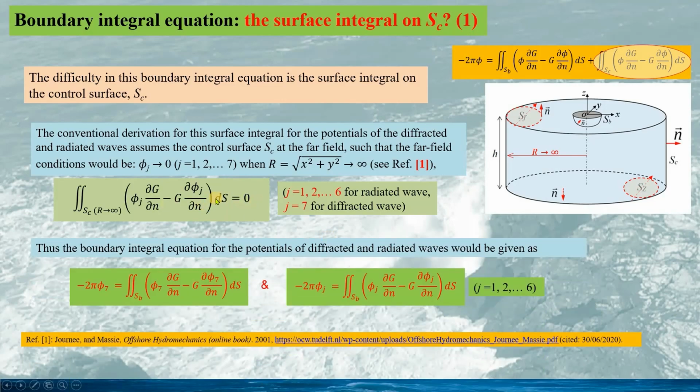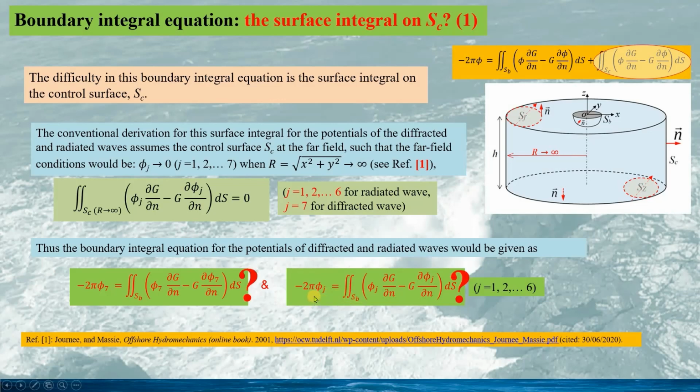As a result of the integral on the very large control surface SC, we could have the boundary integral equation for the diffracted wave phi 7 and the radiated wave potentials phi j as this. It should be noted that the potential functions on the left-hand side are the values on the body surface SB.